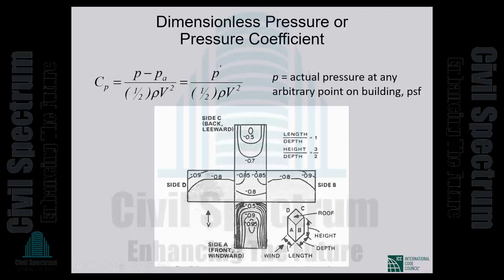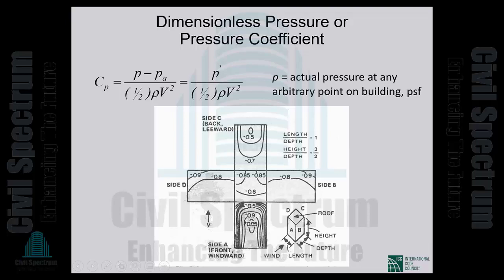Now, if we plot the pressures at various points, I have taken a building and I've opened it up. This is the flat roof. This is the windward face. This is the leeward face. Those are the side faces. You see that at the stagnation point, and what is being plotted is pressure above ambient, or pressure divided by the stagnation pressure, 1/2 rho v squared.